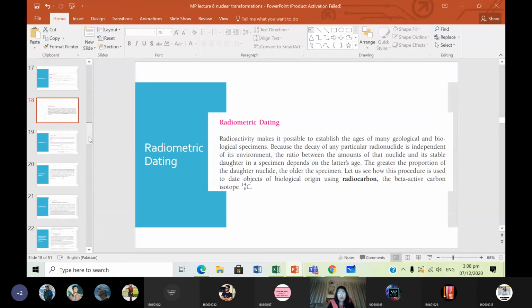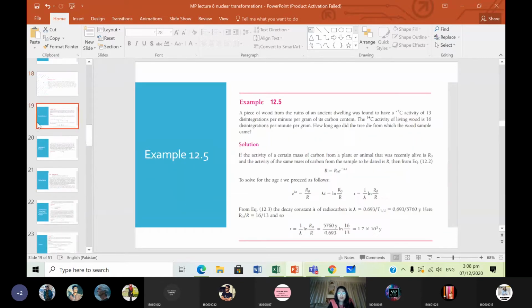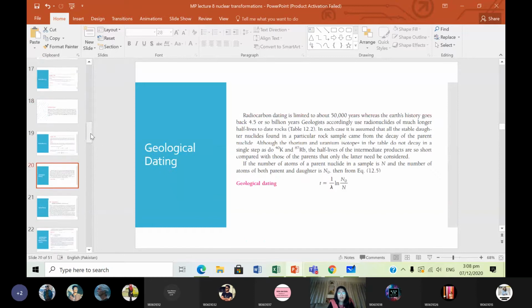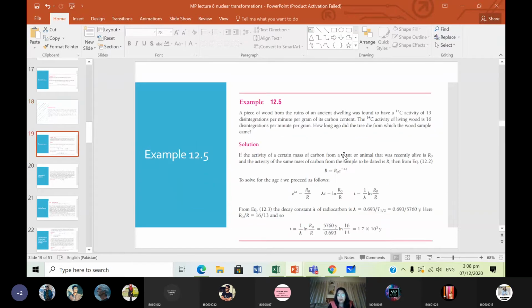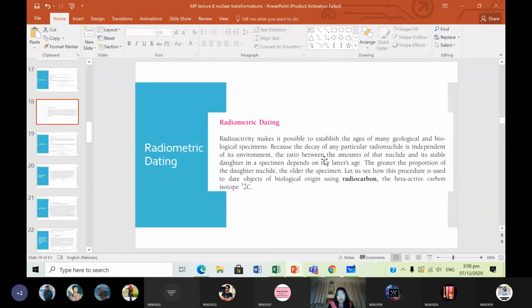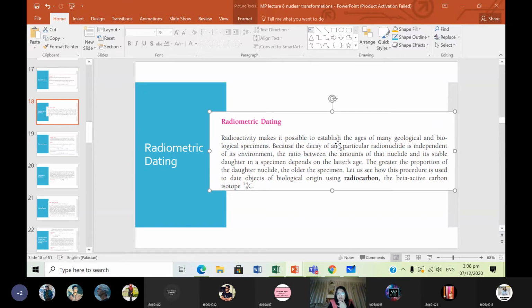Well, basically it's called geological dating, which means that if you have a piece of an object, a radioactive nuclide material, and you know what its current activity is, and you know what its half-life is, you can basically determine how old that sample is. Okay? Radioactivity makes it possible to establish the ages of many geological and biological specimens.